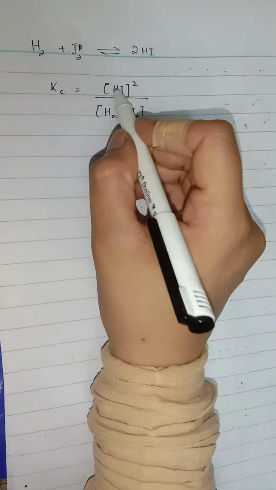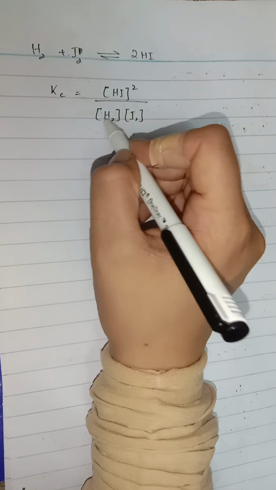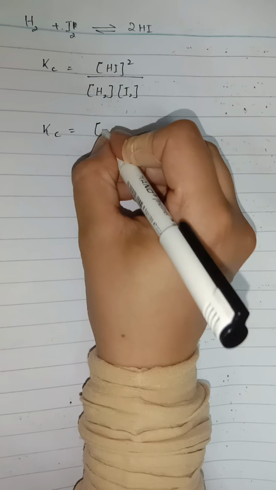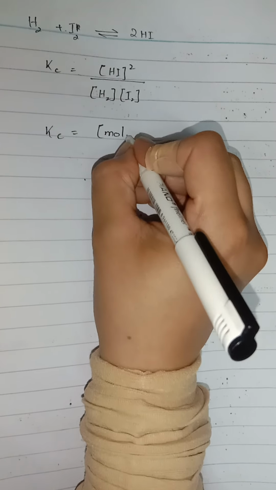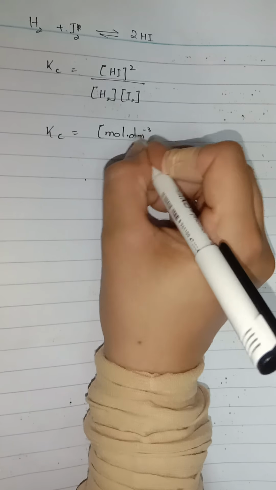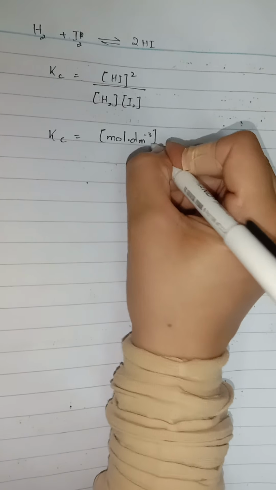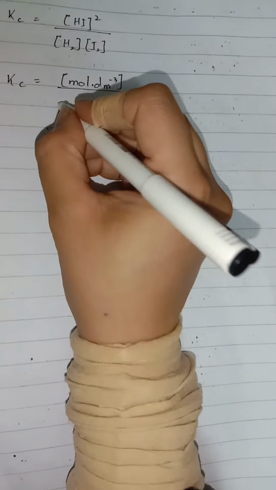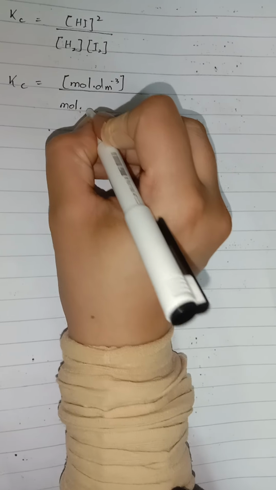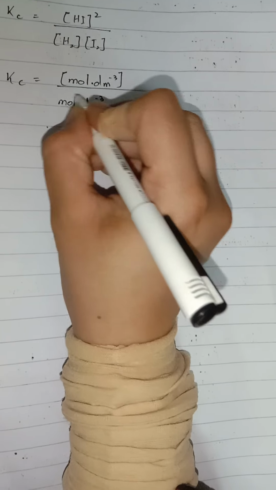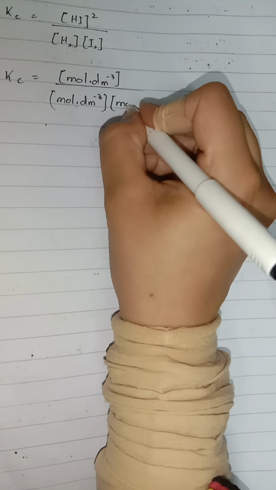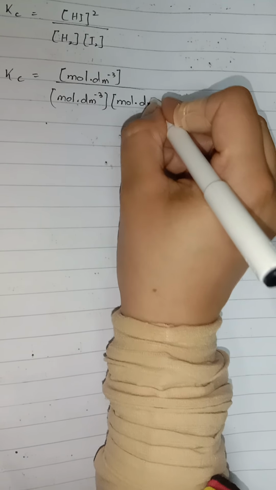So if we put the concentration of each substance in mole per dm cube, it will become like this: mole into dm cube minus 3. Now I am using the multiplication sign as a new way to show that this is not a difference. mole per dm cube in square brackets, mole per dm cube.